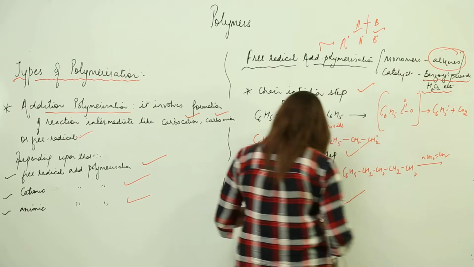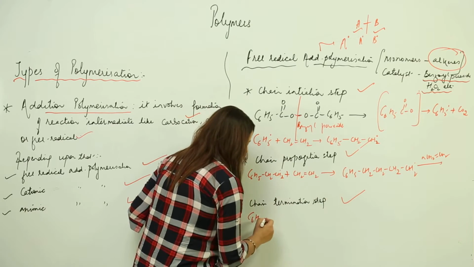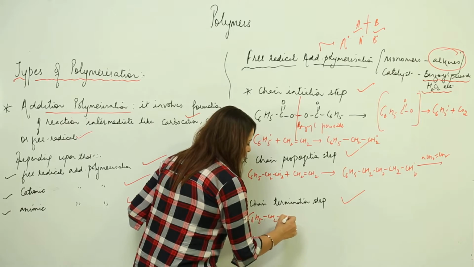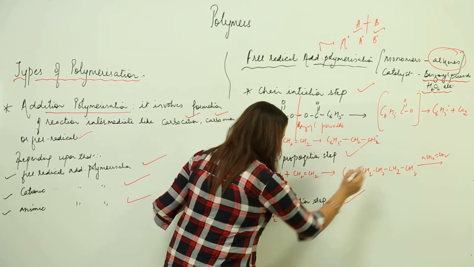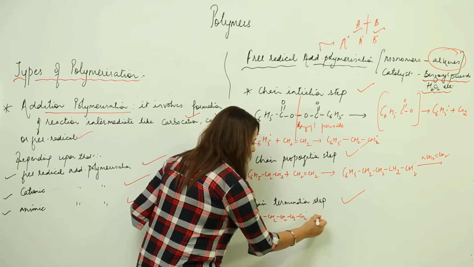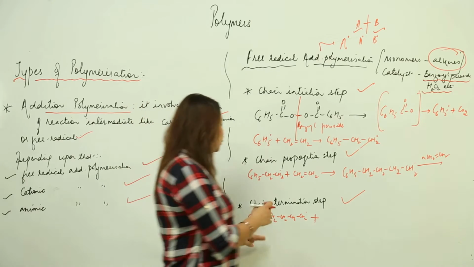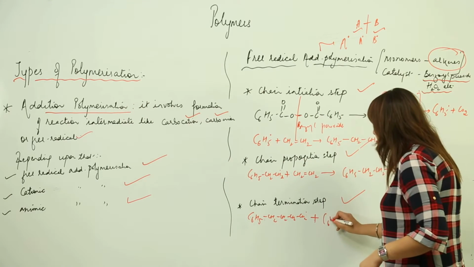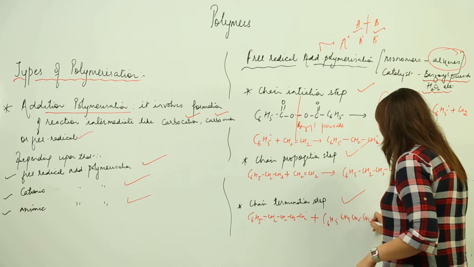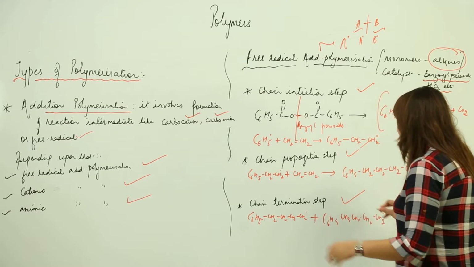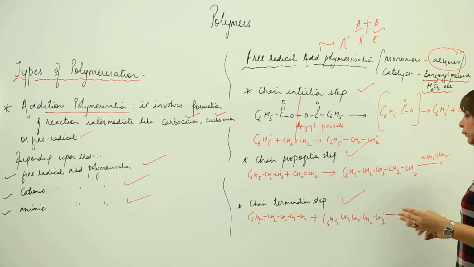And then at last we have the chain termination step, where I take two molecules. Let us take this one molecule, 1, 2, 3, 4, so it's 4, a free radical. If we want our monomer to be like this, we take 2 units of the same kind, and they will just link up, the chain will stop propagating and the reaction will get terminated.